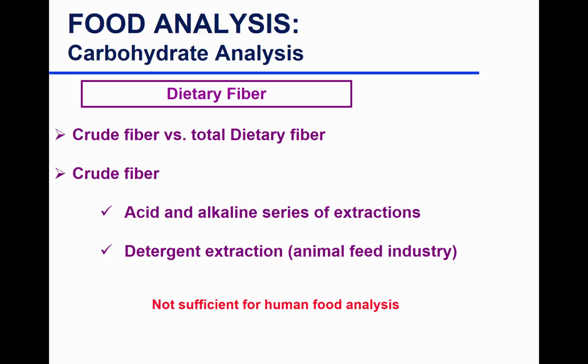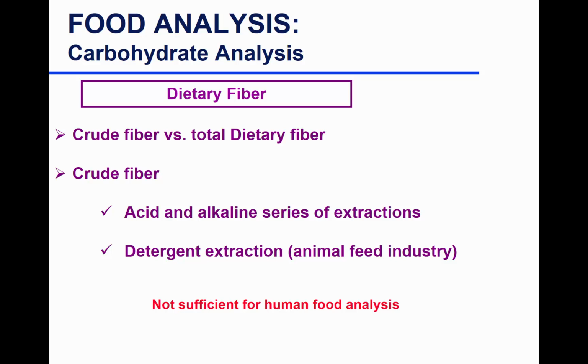So you won't find this in your book anymore. The older edition of the book had it, and I still keep it in my slide because it's good to know that you used to quantify something known as crude fiber, but now no more for foods. It's mostly used for animals. And the reason for that is the way you determine crude fiber, or the approximate amount of fiber, is you have a series of acid or alkaline extractions.